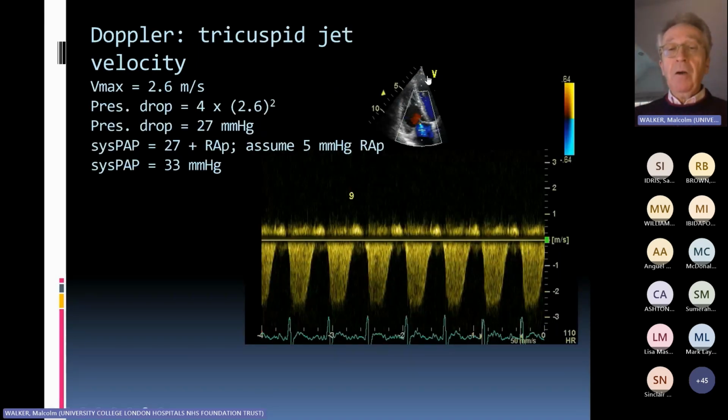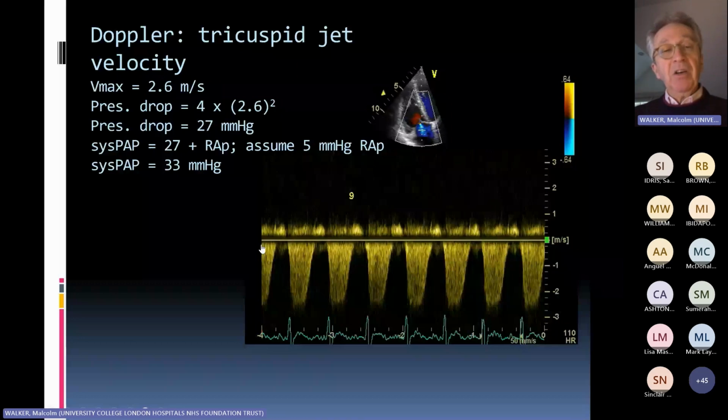Thankfully, along comes the echocardiogram, which by looking at the tricuspid, this is the tricuspid valve here, the right ventricle here, this is a tricuspid jet. You can measure the velocity of the tricuspid jet if you get a lovely image like this, and you can work out the pressure drop, because it's equivalent to 4 times the velocity squared.